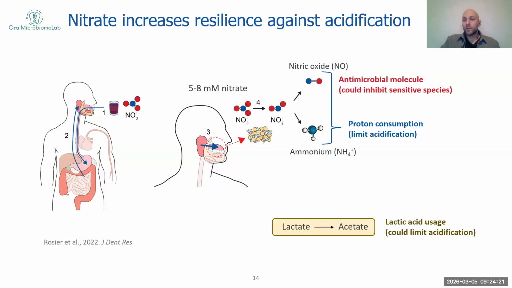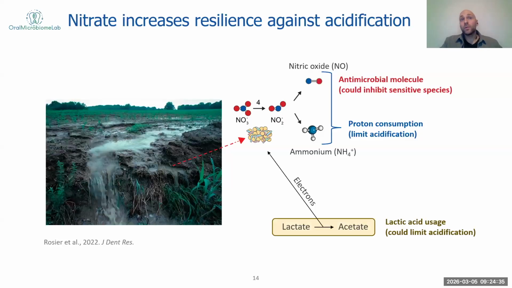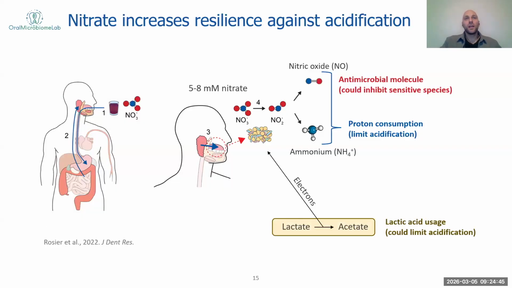And finally, nitrate-reducing bacteria tend to use lactic acid as a carbon and electron source during nitrate metabolism, forming weaker acids that could also limit acidification. And all these molecular mechanisms were quite well described in environmental microbiology, microbiology of soil and water communities, and we wanted to see if it would also be relevant in the mouth.